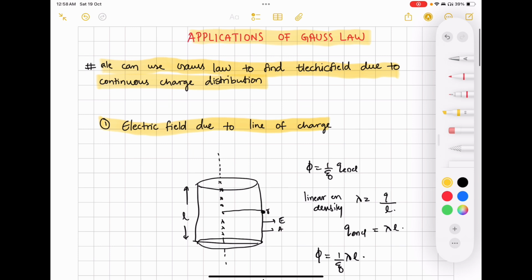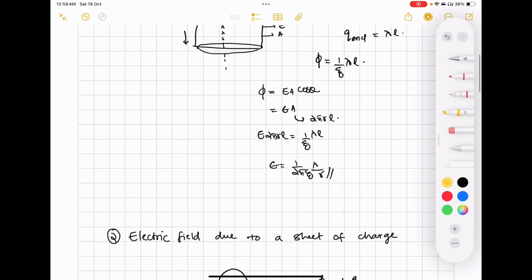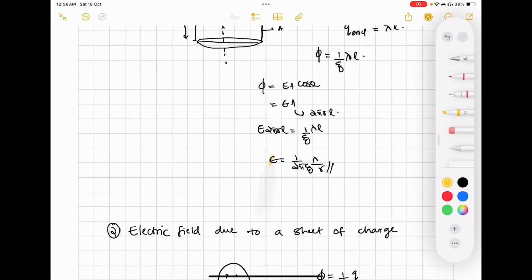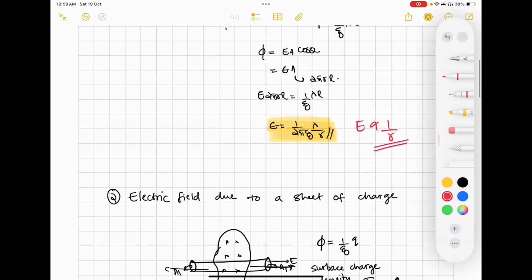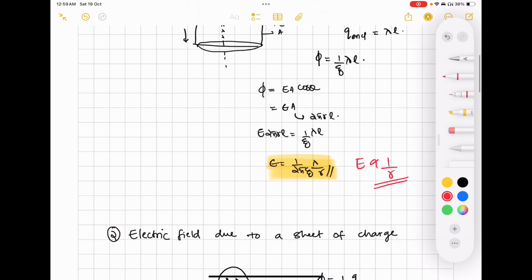In that we have introduced a new quantity called linear charge density lambda, which is equal to charge per unit length, and we have found that the electric field due to a line of charge is equal to 1 by 2 pi epsilon 0 times lambda by r. So we can say that electric field E is inversely proportional to r here. It is inversely proportional to the distance from the line of charge.